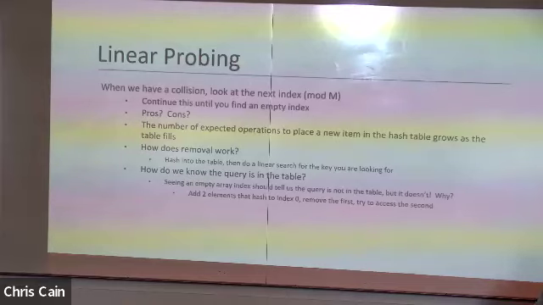So if you wanted to implement linear probing, and again, we'll see some of this and we'll get some examples of this probably tomorrow. We want to see some implementation of linear probing.